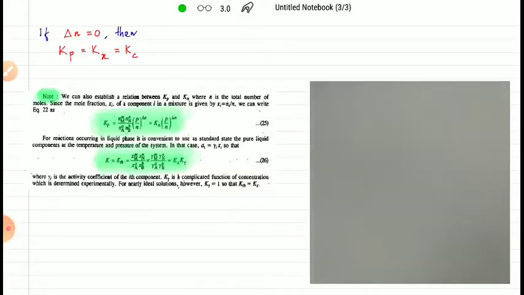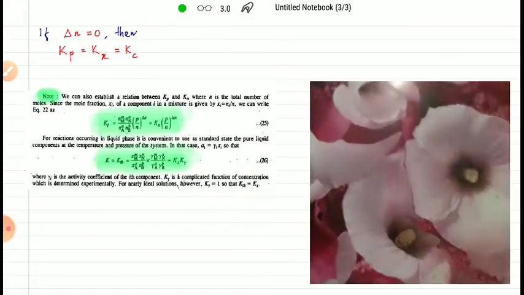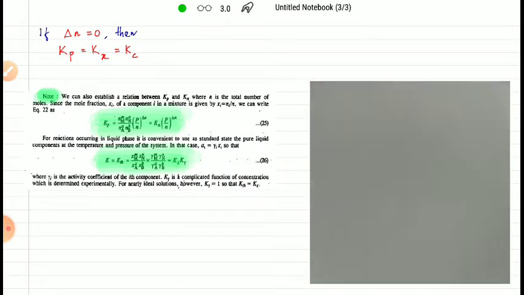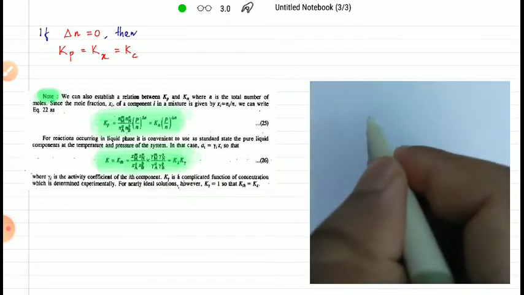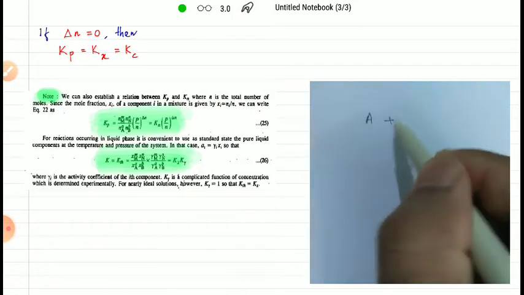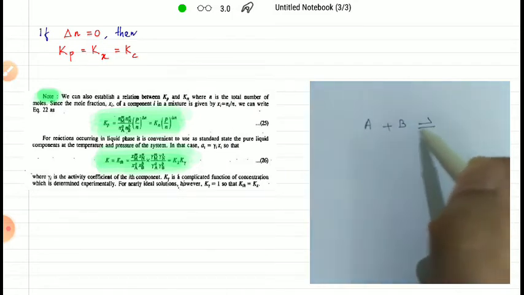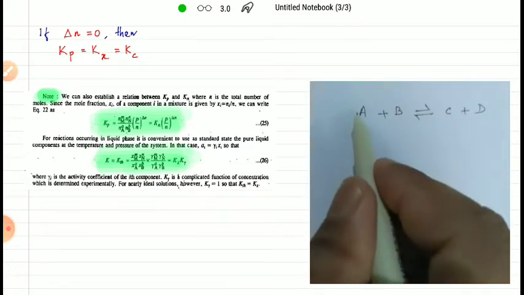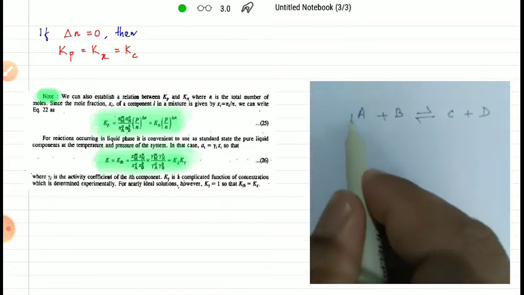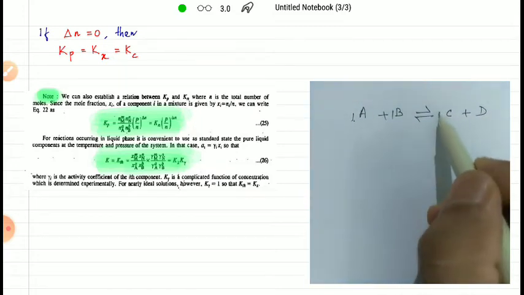Now if del n is equal to 0, what is the meaning of this? Let's suppose a reaction like this: A plus B will react to each other and form C plus D. How many moles of A are present here? 1 mole, and this is 1 mole, 1 mole and 1 mole.